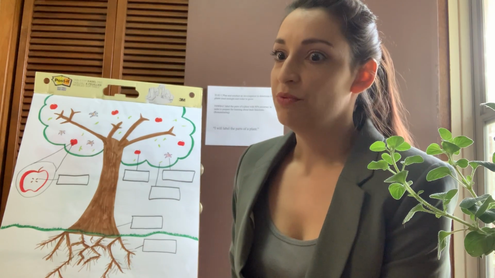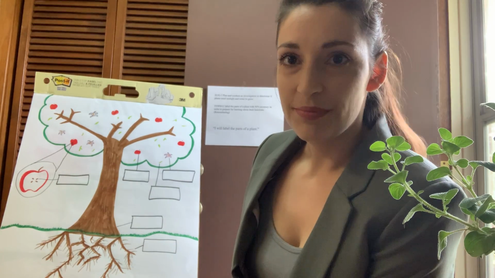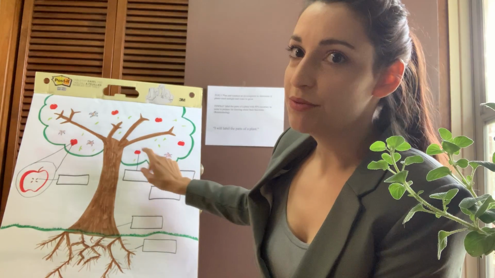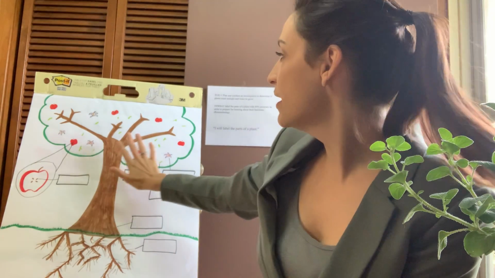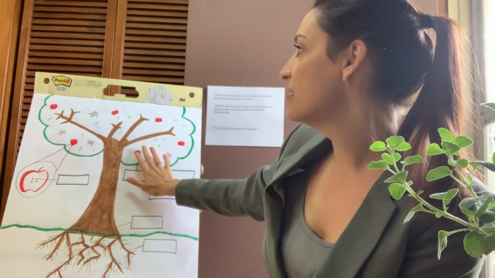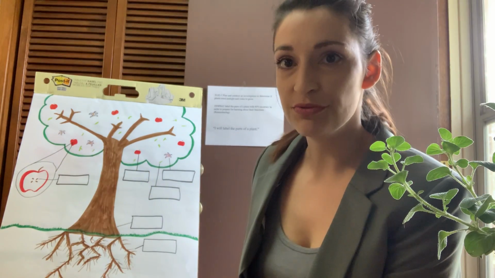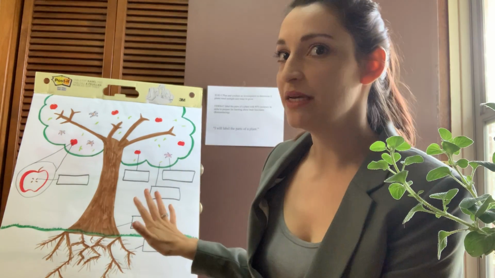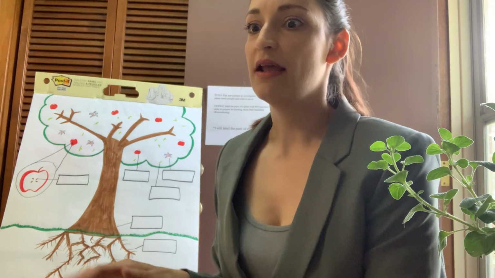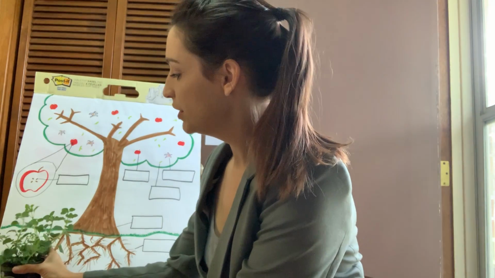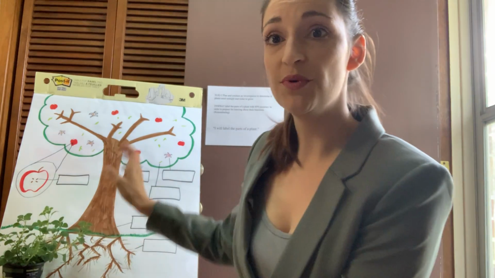And we learned that apples come from the blossoms, but Miss Elena wanted to put them both on here at the same time, even though that's not how it is on a real apple tree, just so that we could look at it.